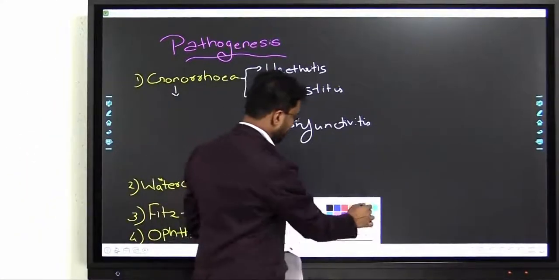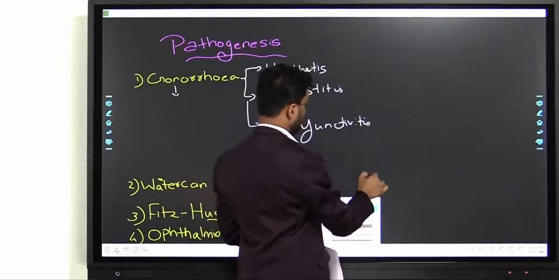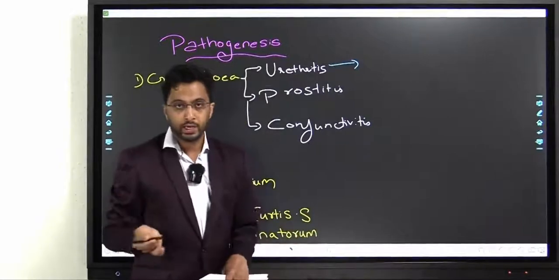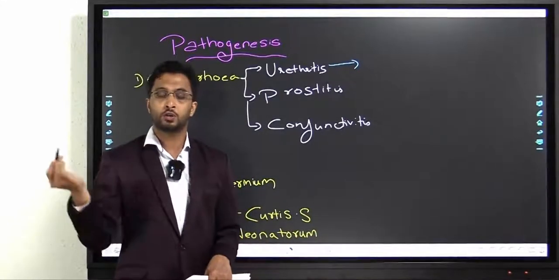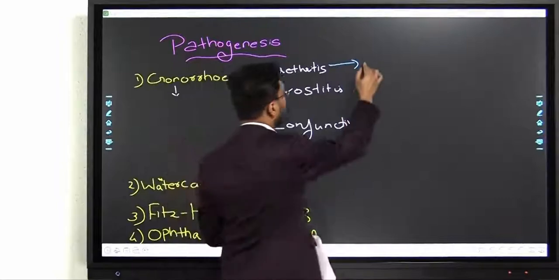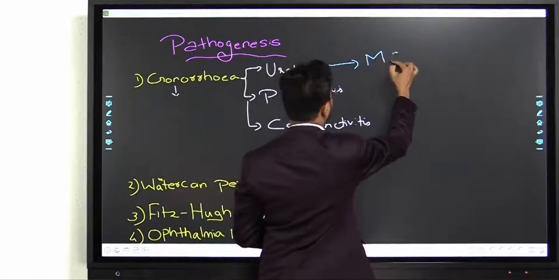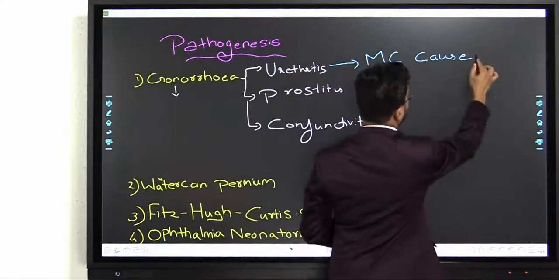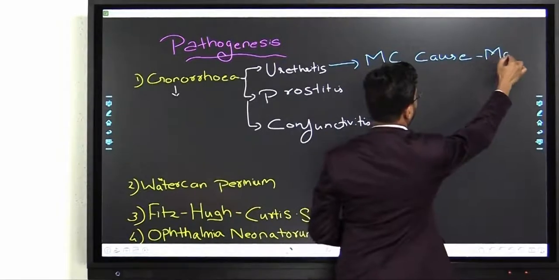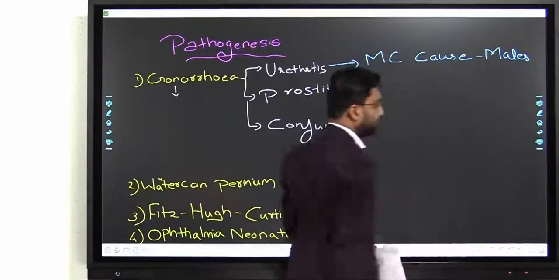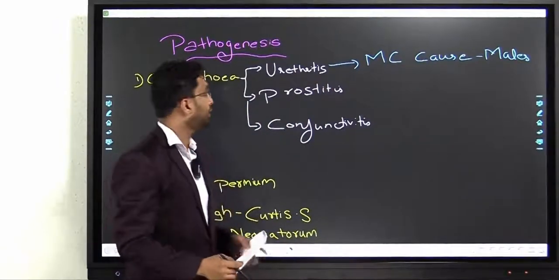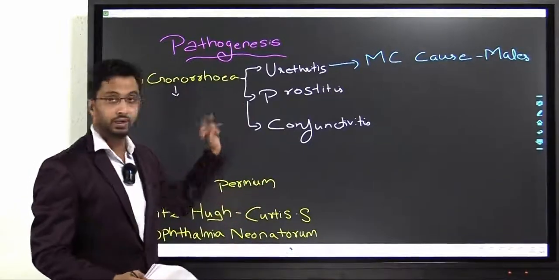One thing I want you to note is that Neisseria gonorrhoeae is the most common cause of urethritis in males. Also, the most common symptom associated with gonorrhea in males is urethritis.